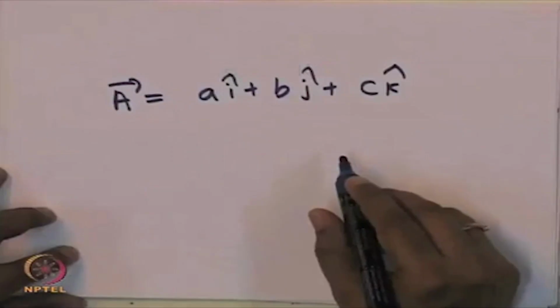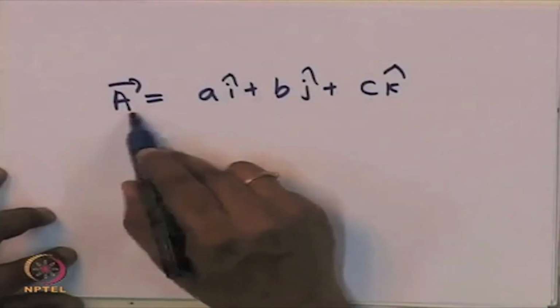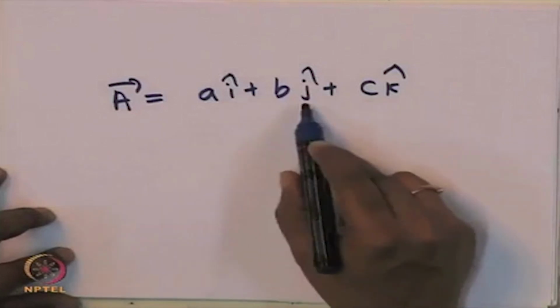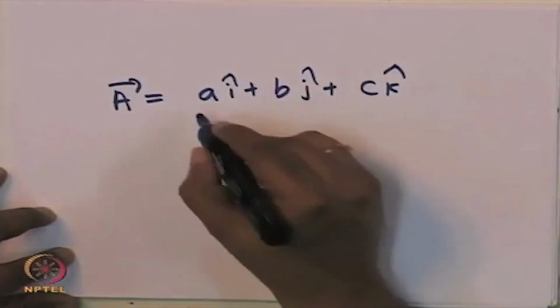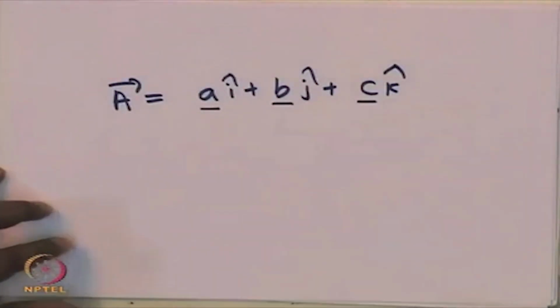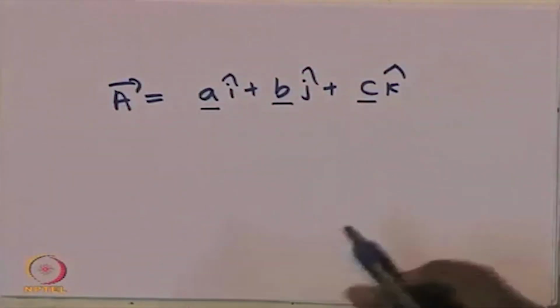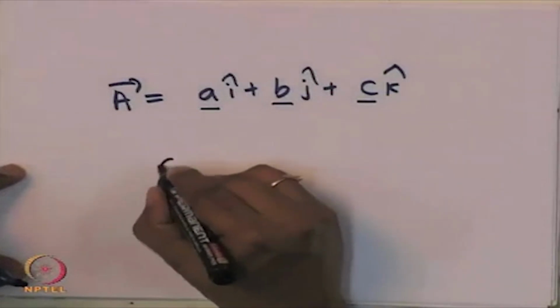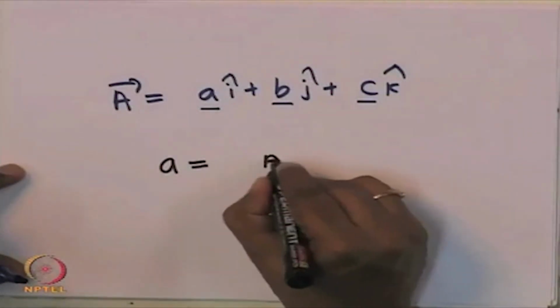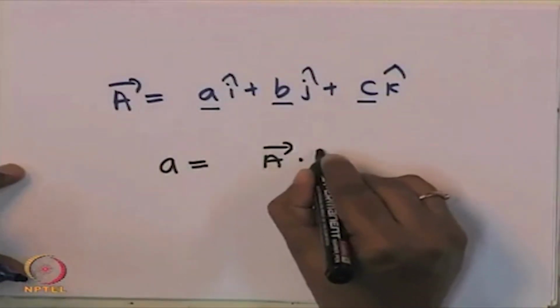So we wrote any vector this way. Now a, b, c are some coefficients, and how do we get a, b and c? In this vector case we can write a is equal to A dot i.